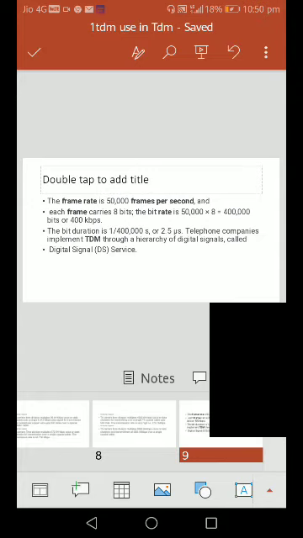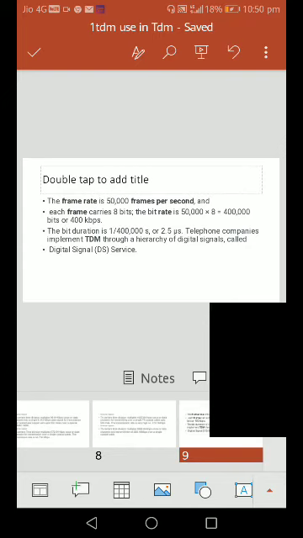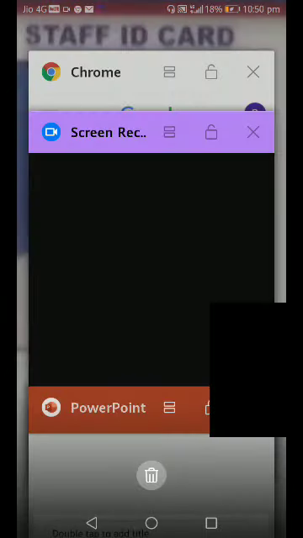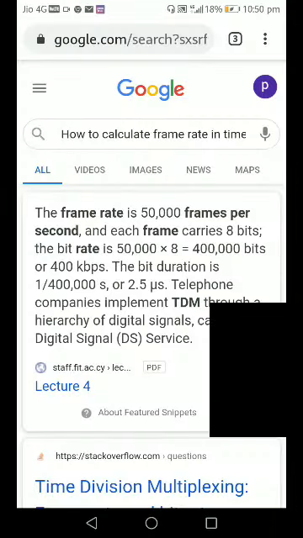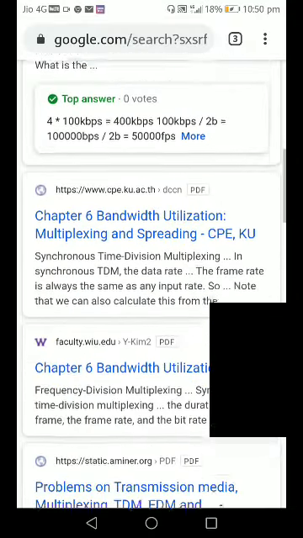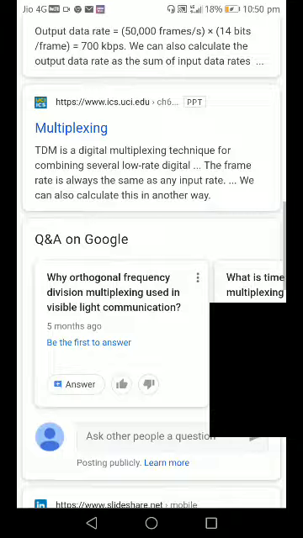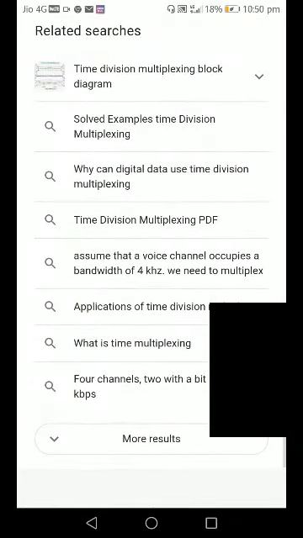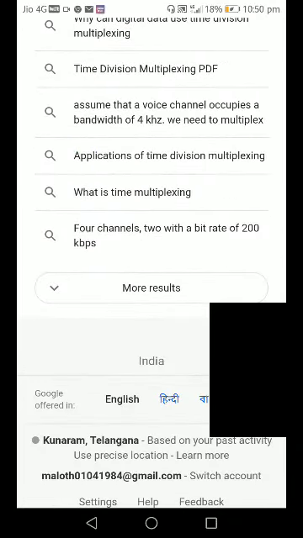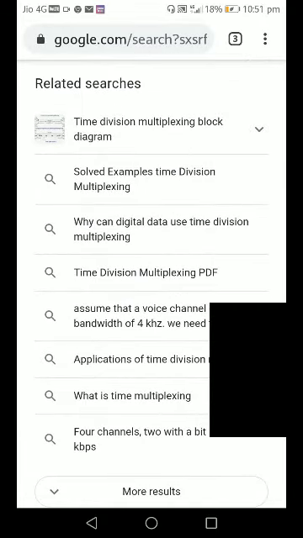We take the frame rate of time division multiplexing.